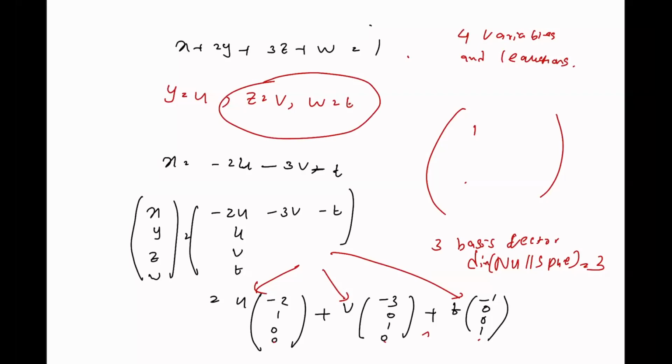Another term we use is nullity. Nullity is nothing but the dimension of your null space. Also, we call something the range.